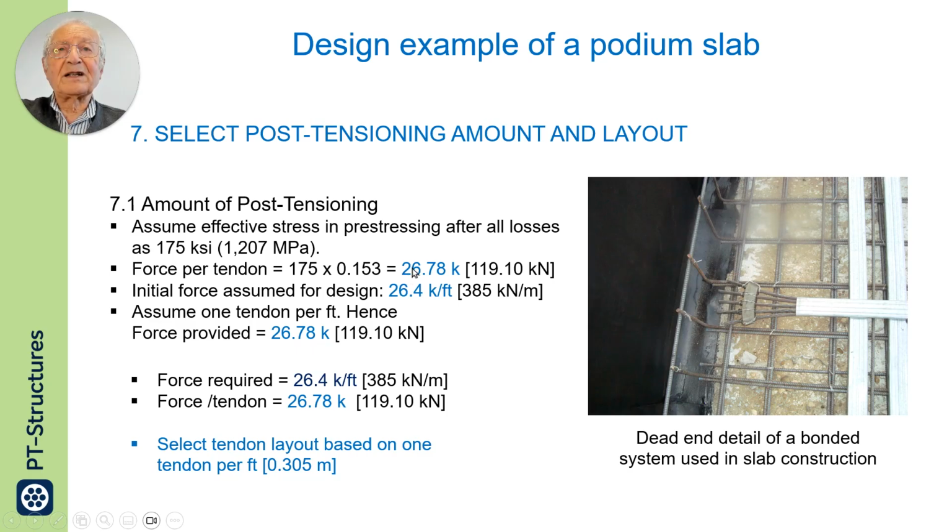26.78 is the force that each strand provides. If I assume an initial force of 26.4, there is a little bit of approximation here, but I assume one strand per foot, 26.4 per foot.